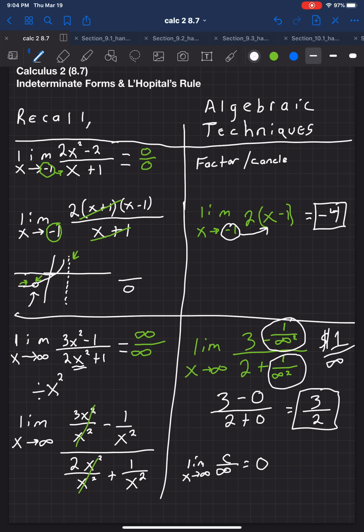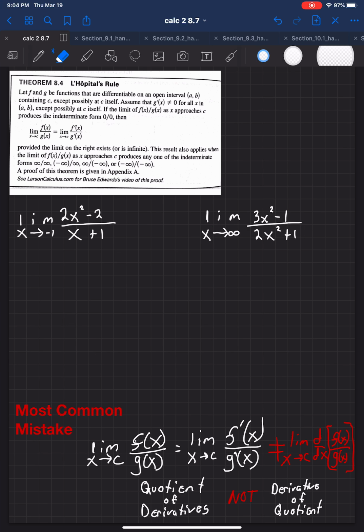But what about if you're dealing with non-algebraic functions? So I'm going to erase. Let me see if I have any space on the next page. I do. Okay. So what if we were dealing with non-algebraic functions, right? So transcendental functions.